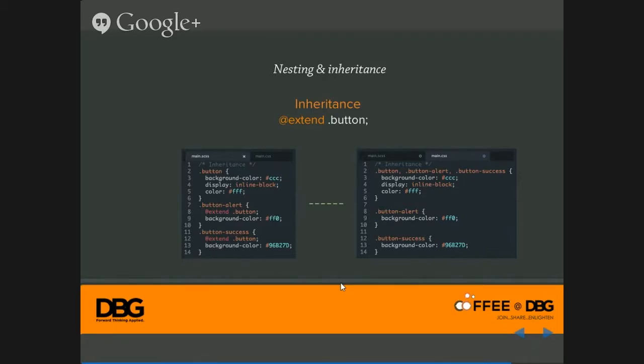I can just extend the properties of my button element using the @extend keyword. It simply extends the button and we can add anything which we want to add inside the next thing. And there is overriding also. Overriding of background color.